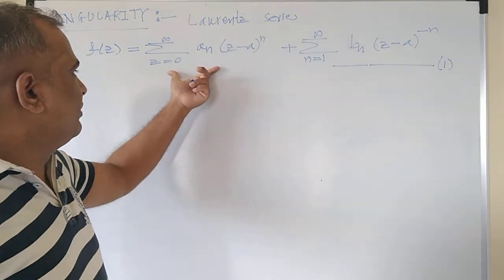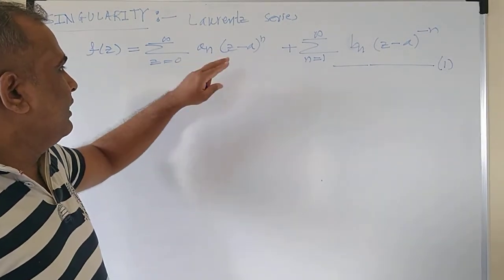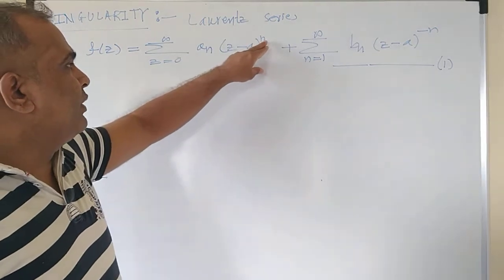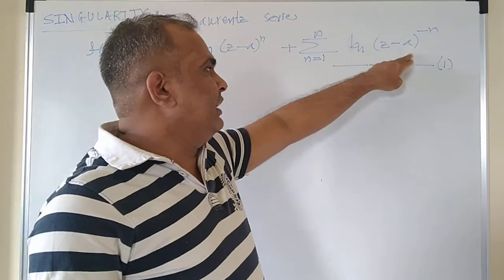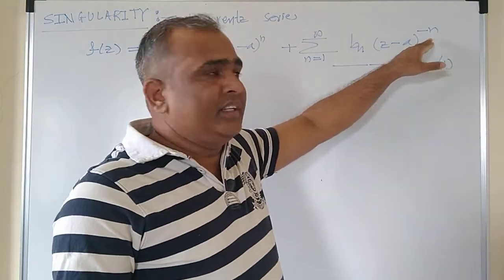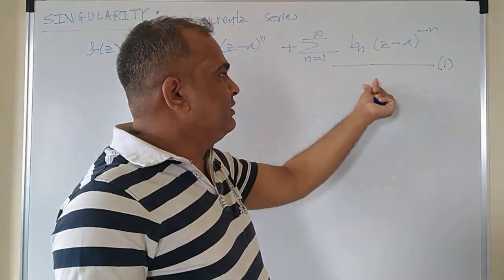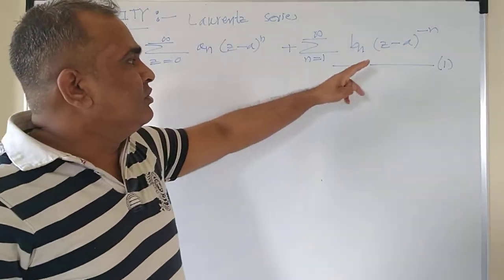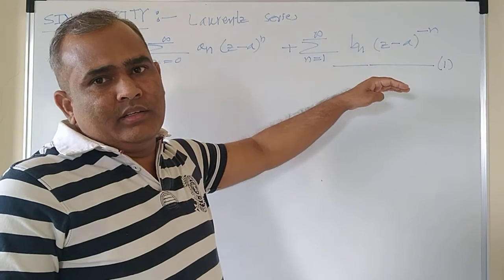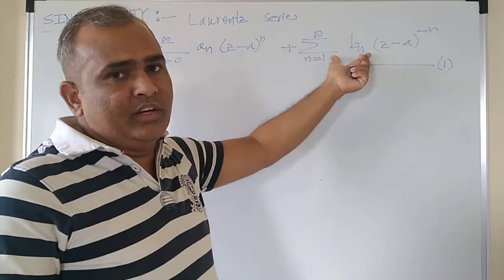This Laurent series expansion contains two terms. In the first term, (z minus a) raised to power n is in the numerator, and in the second term, (z minus a) raised to power minus n is in the denominator. Wherever you find z minus something in the denominator, it is this kind of term.